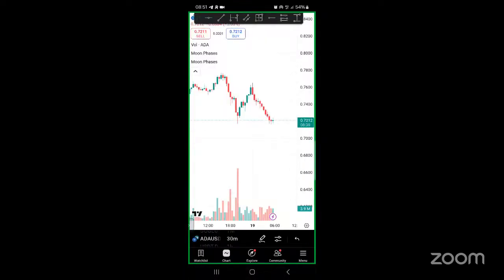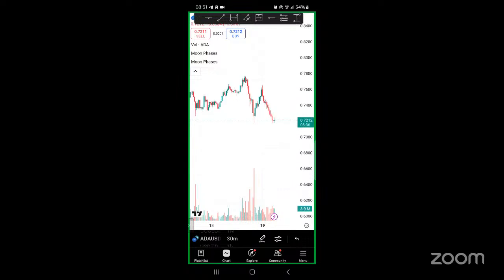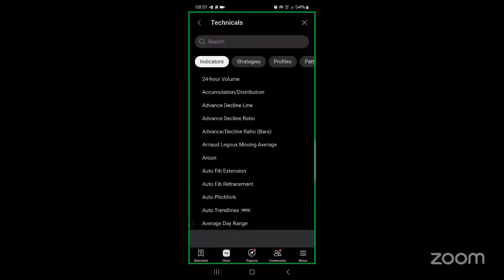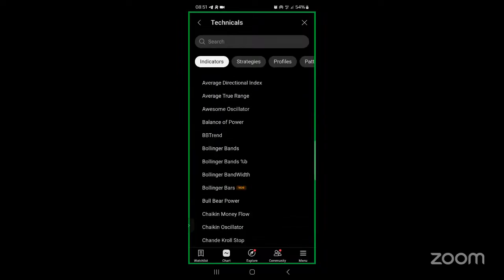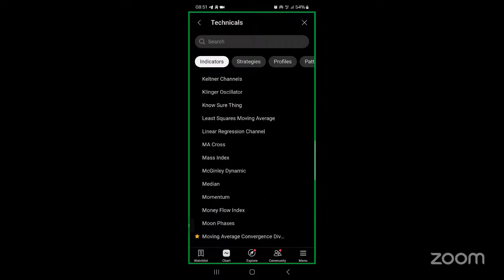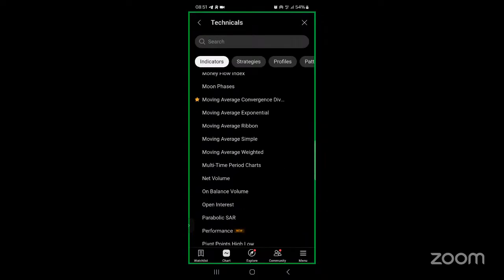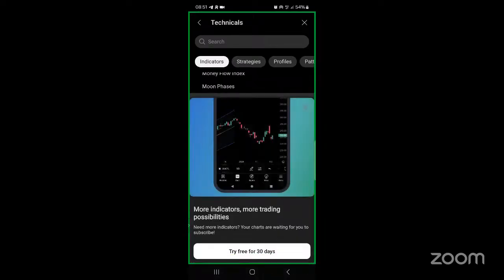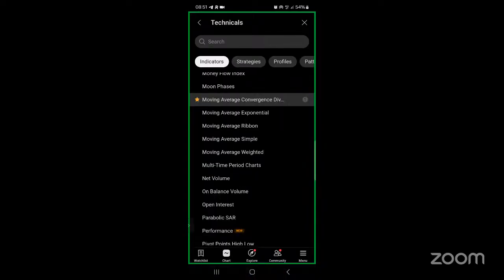I need to go and remove it. All right, it has gone off. So I get on indicators and I'm looking for moving average convergence divergence. That is MACD. There you have it.